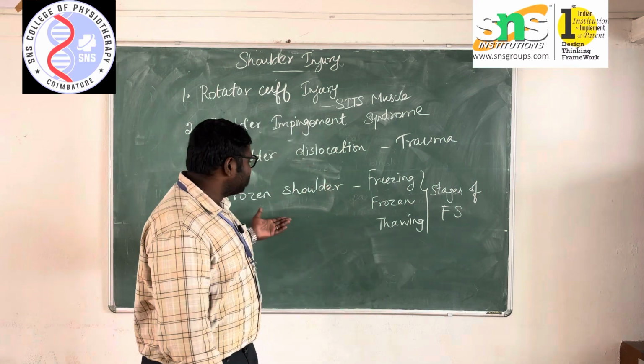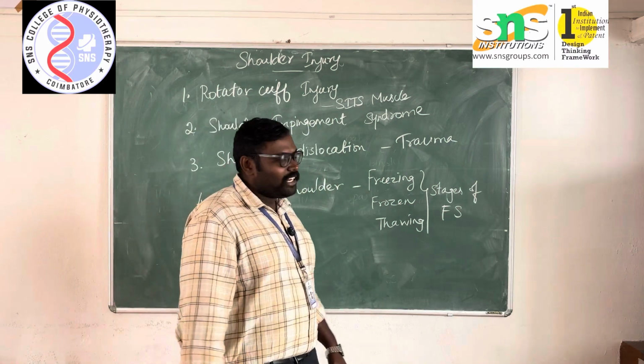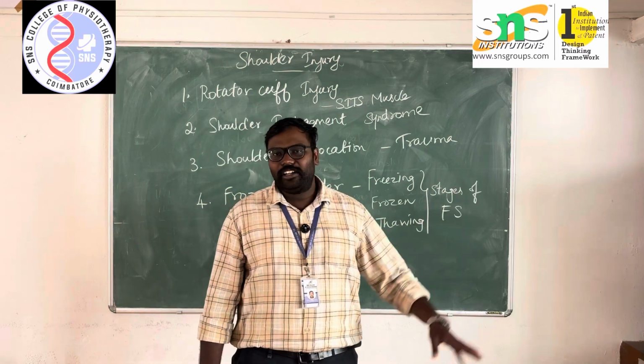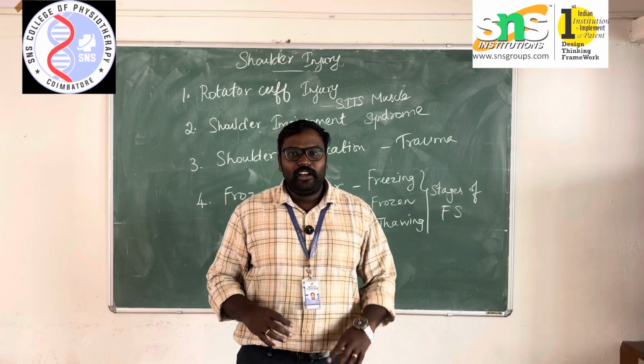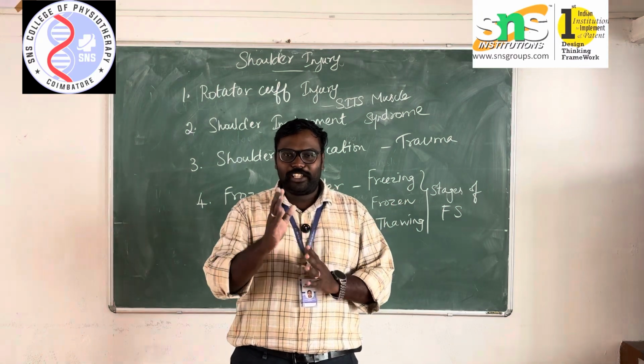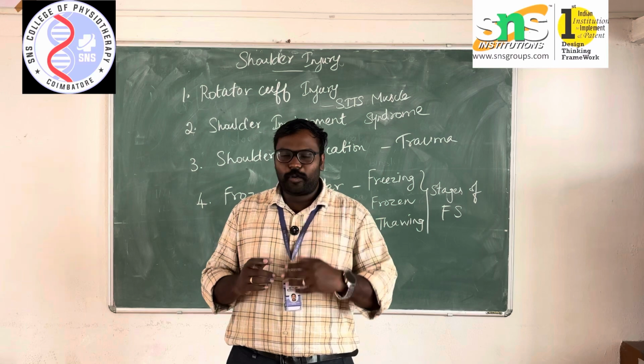Now going for the last condition, the frozen shoulder. It is the most important and common condition during the winter season. As we are entering the winter season, frozen shoulder is most common among patients affected with diabetes and also with heart problems.